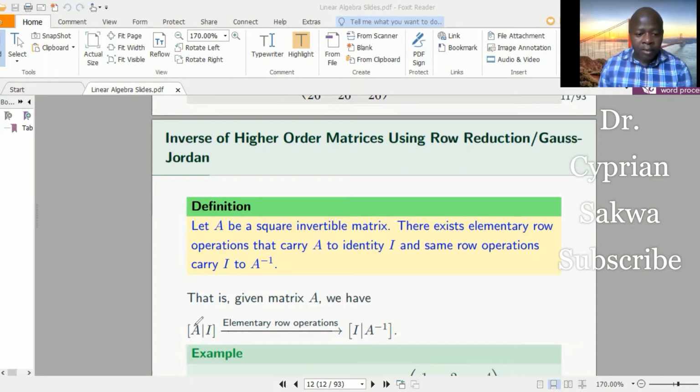So we'll be carrying out elementary row operations and ensure that we make this matrix A become the identity matrix. And those same elementary row operations are performed on the identity matrix, and they carry it to the inverse of A.